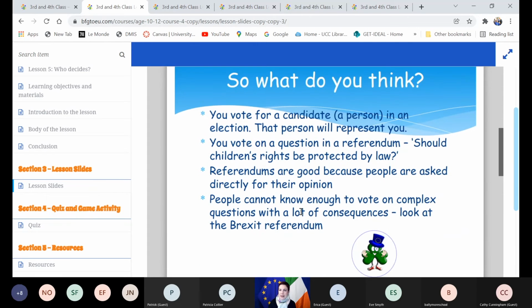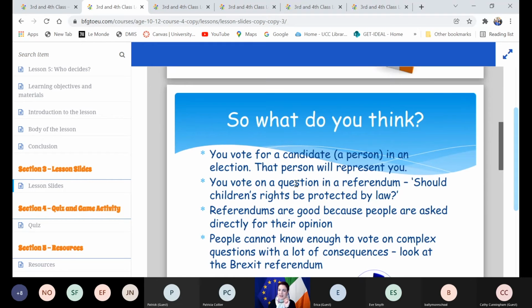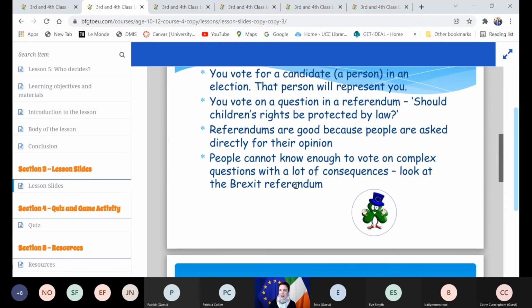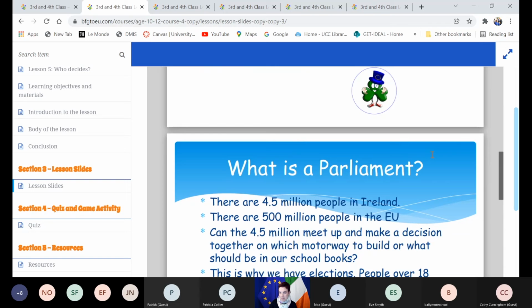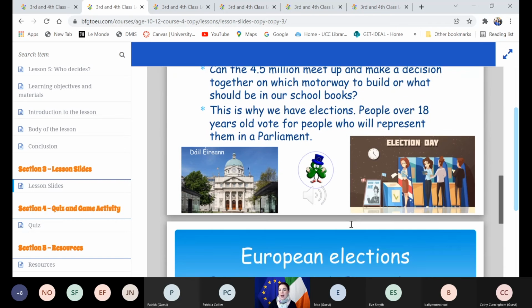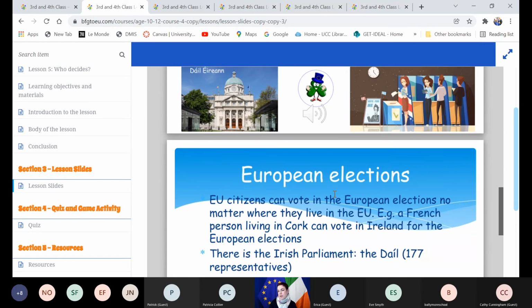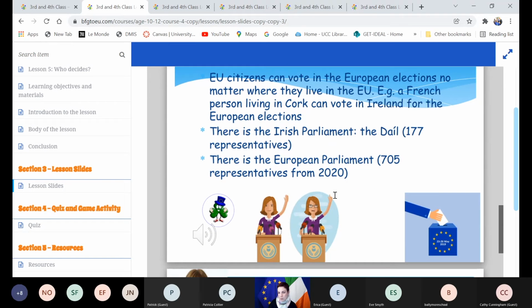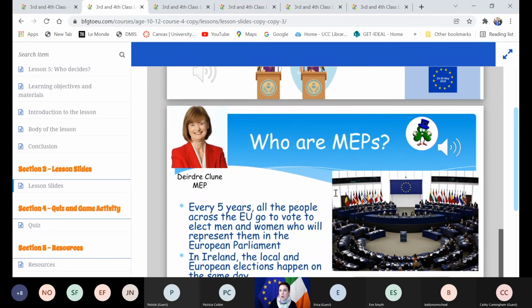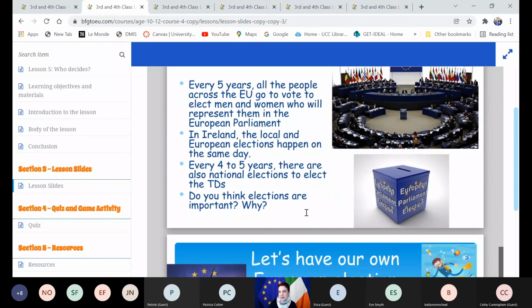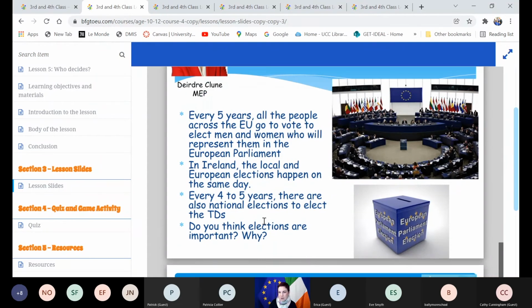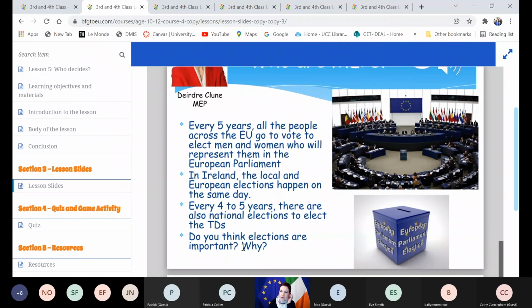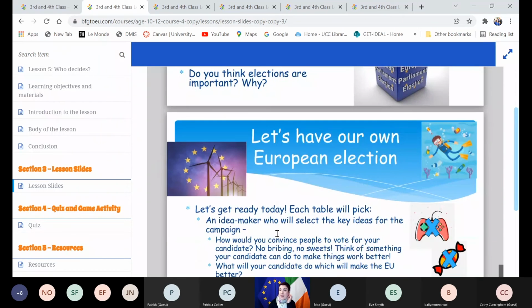France, for example. And then we look at what is a parliament, what does it do, and we introduce the European elections: how often do they happen, who is elected, and so on. Who are our MEPs, and we show the inside of the chamber, and then we organise our own election.